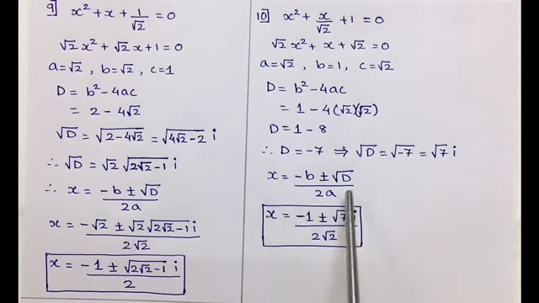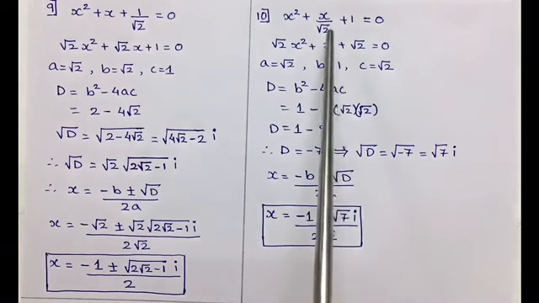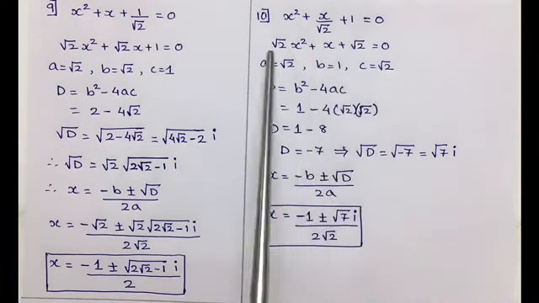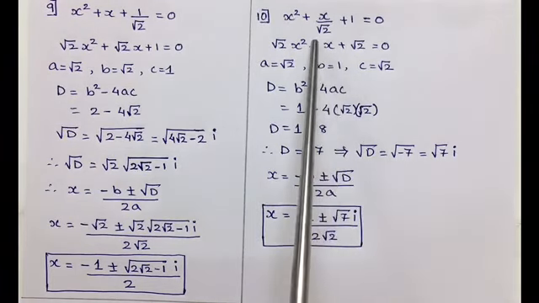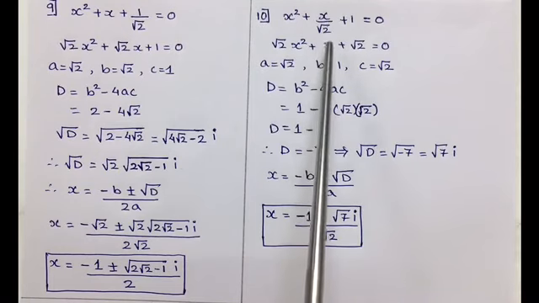Now keeping in the formula, we got the value of x as minus 1 plus or minus root 7i whole divided by 2 root 2. So taking the LCM and calculating it becomes the easiest way instead of keeping the fraction.